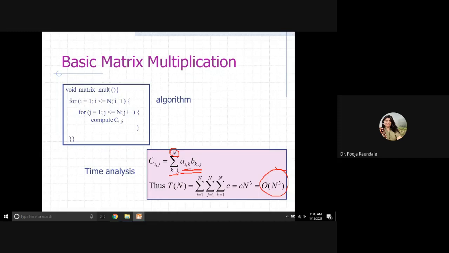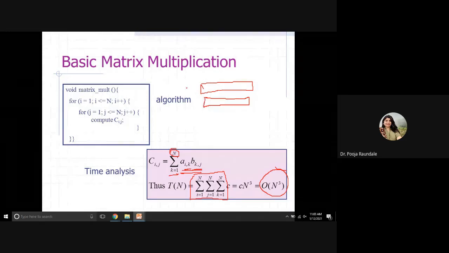And that's why you need 3 loops. When you implement matrix multiplication, I had explained it once. So you have a nested loop of i equal to 1 to n, then j equal to 1 to n, and then you also need k equal to 1 to n, and then you write over here the multiplication statement, which is A of ik into B of kj.